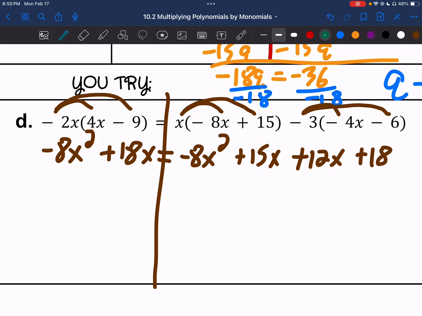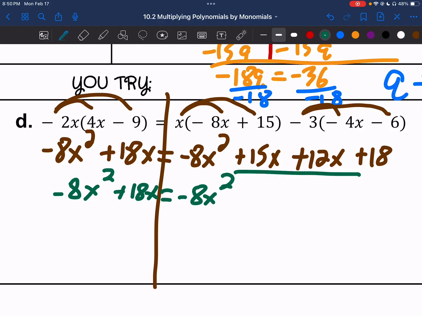We are going to combine like terms on the right side, but first the left side we're going to just rewrite. Negative 8x squared plus 18x equals, we have negative 8x squared, that's the only x squared term, 15x plus 12x is going to be plus 27x, and then we have plus 18 on the right still.